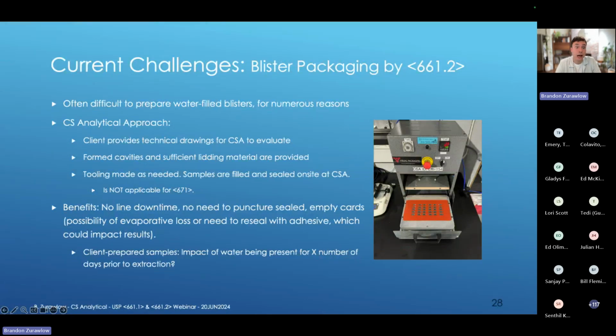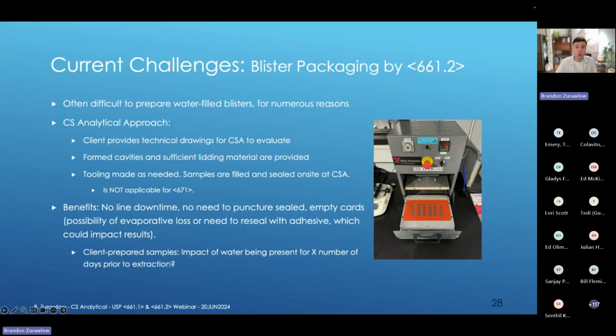So the question is, how do we create samples? What we've done here at CS Analytical about a year ago, and have been running successfully for about a year, is performing that service on site in the lab. The way that we work that is we'll typically request technical drawings to evaluate. The client provides us with formed cavities and lidding material.